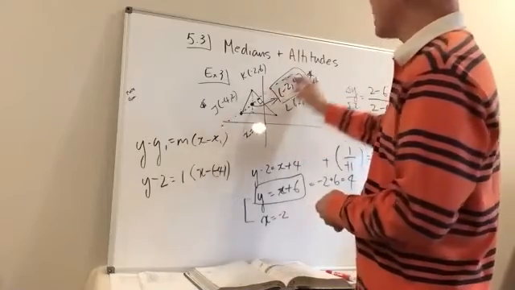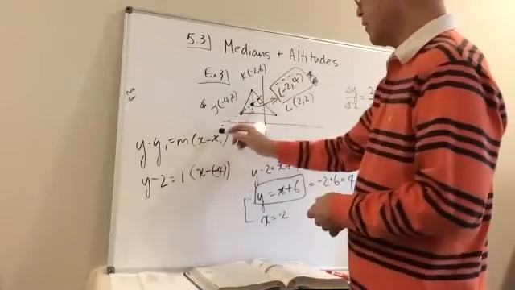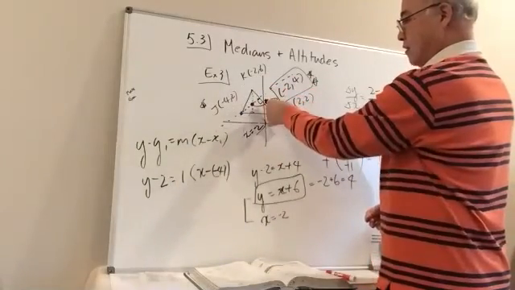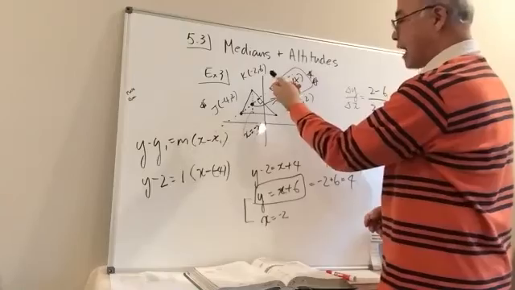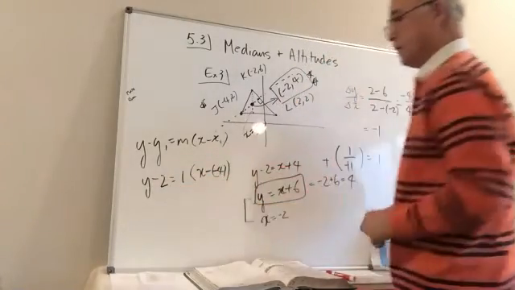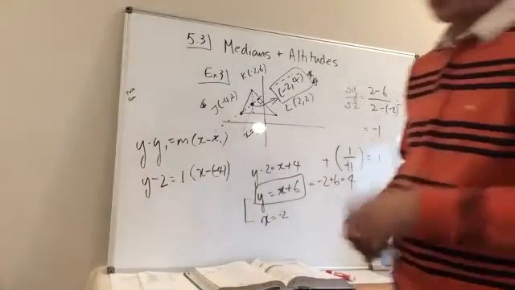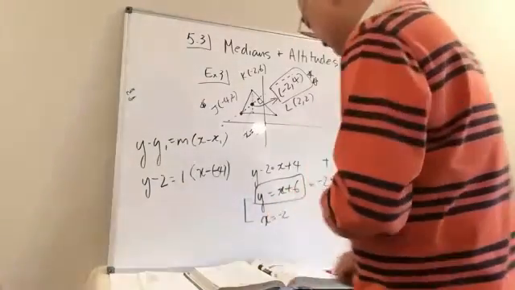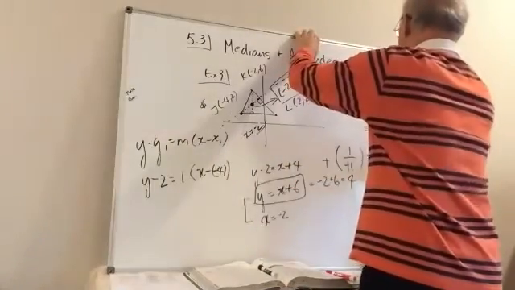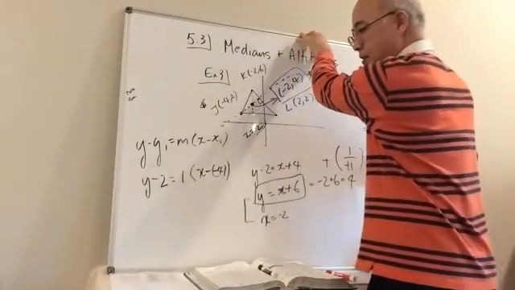Finding this line was kind of tough because you had to find the slope of this side, do the opposite reciprocal of that, and then put it in the point slope equation. Many steps involved here, okay? All right, we're good with that. Any questions on this one?